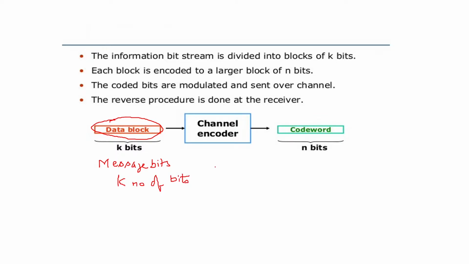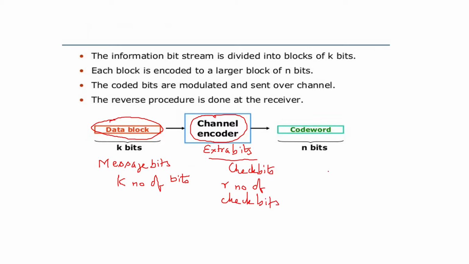Then to that, the channel encoder has to add certain extra bits. Those will not be information bits, but they are added in order to look into the error at the receiver. After you add these certain extra bits, which are called check bits, we are going to add r number of check bits.